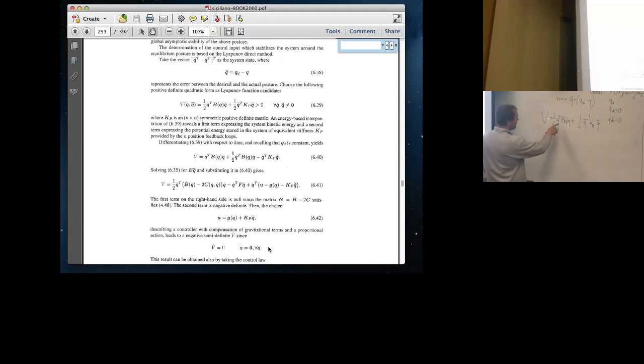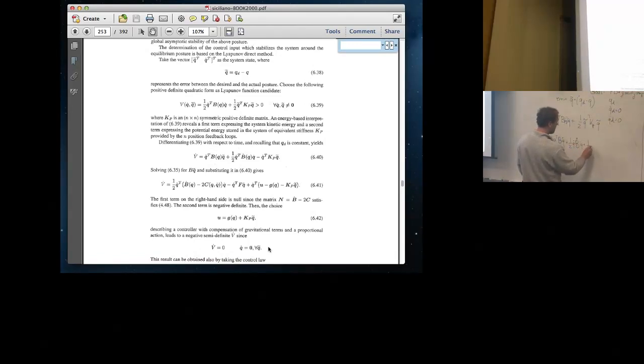So I have to now differentiate this here, and this has to be done with the chain rule. So I get 1/2 q double dot transpose B(q) q. Then I get another term, which is 1/2 q dot B dot q. No, dots everywhere, sorry.